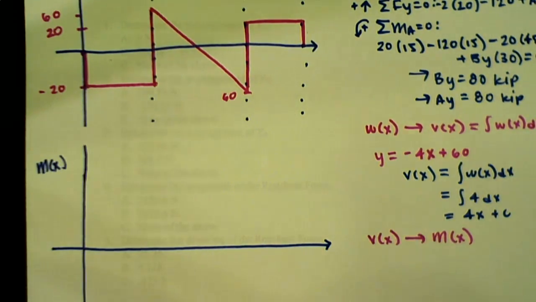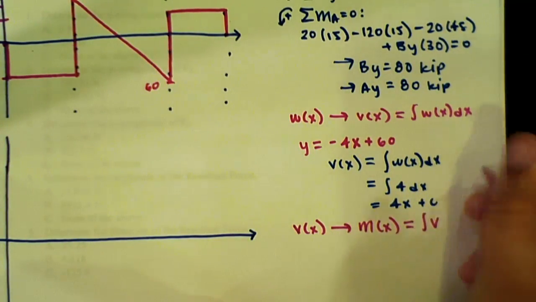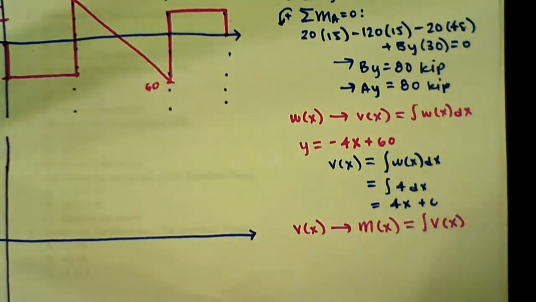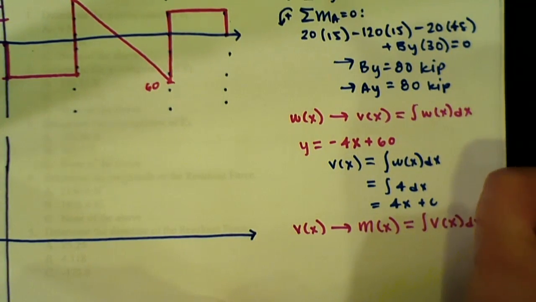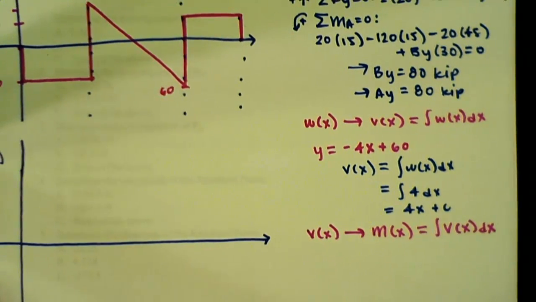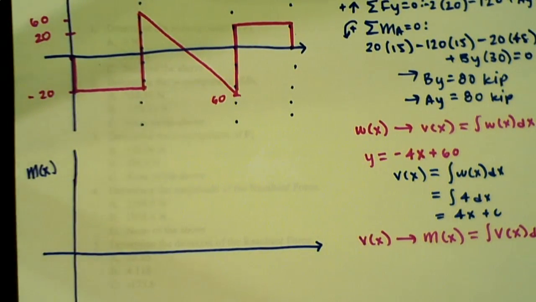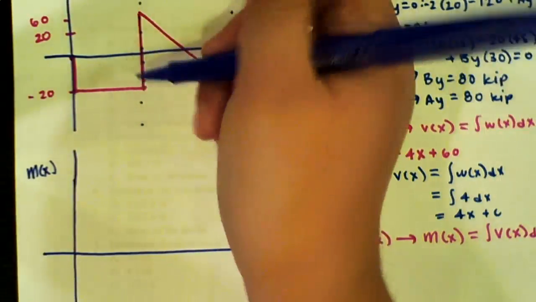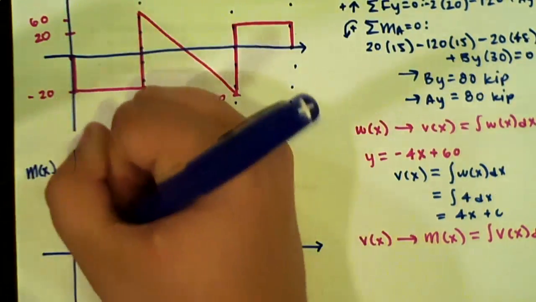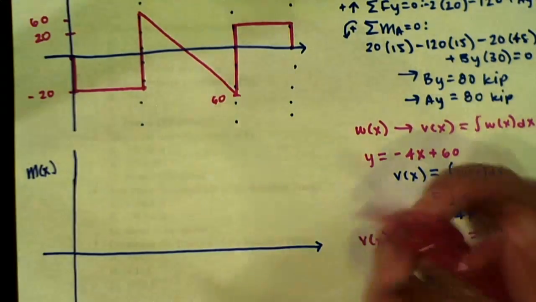Just following what we've done before, your moment equation is equal to the integral of our shear equation. Does that make sense? It's just an integral and then an integral. So we know here it's just constant.